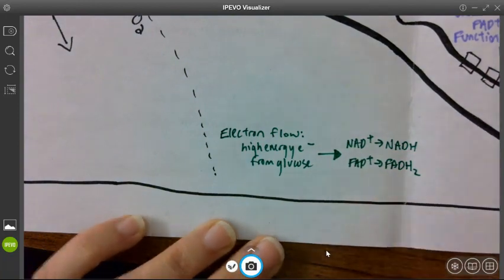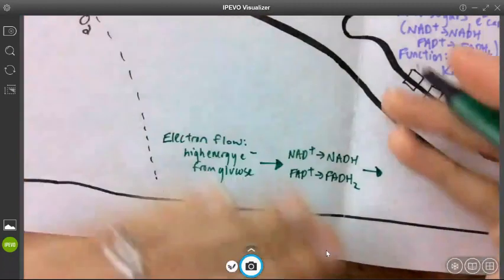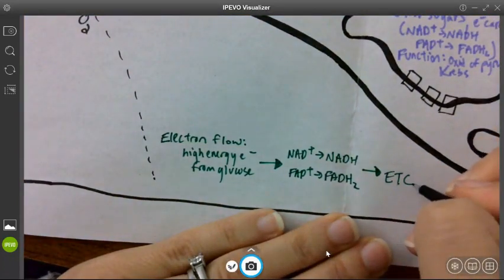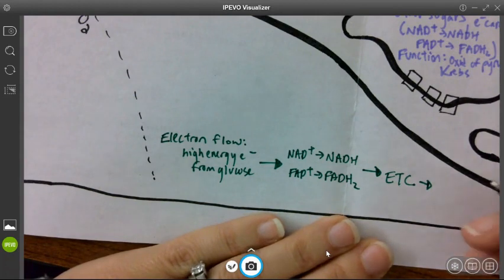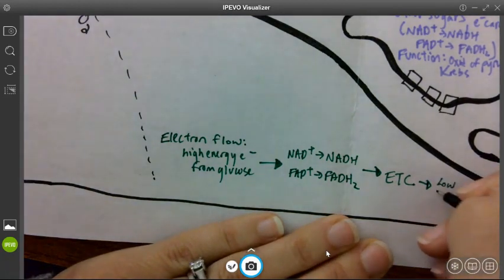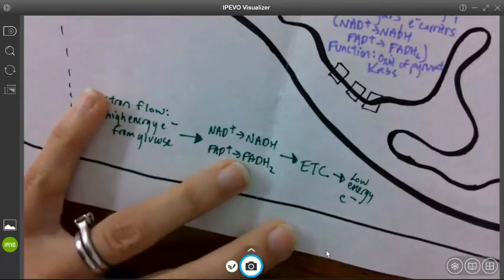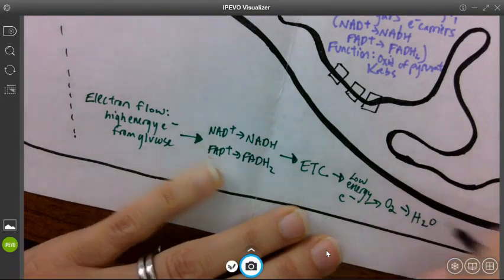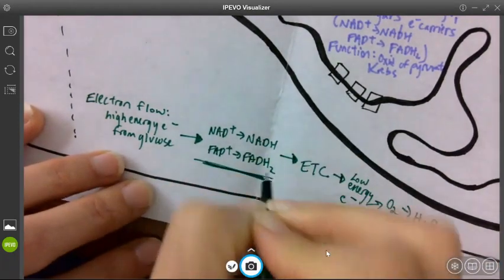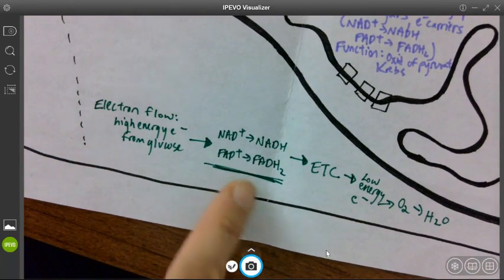They're literally going to carry the electrons to the next step, which is the electron transport chain. And then finally, after the electron transport chain, the low energy electrons will be transferred to oxygen to form water. We haven't gotten to that step yet, but this is really the meat of what we're talking about in glycolysis, the oxidation of pyruvate, and the Krebs cycle.